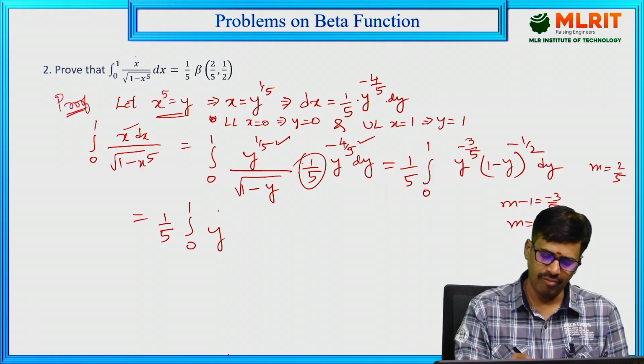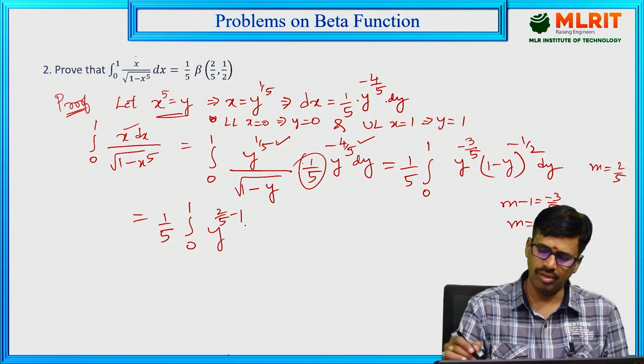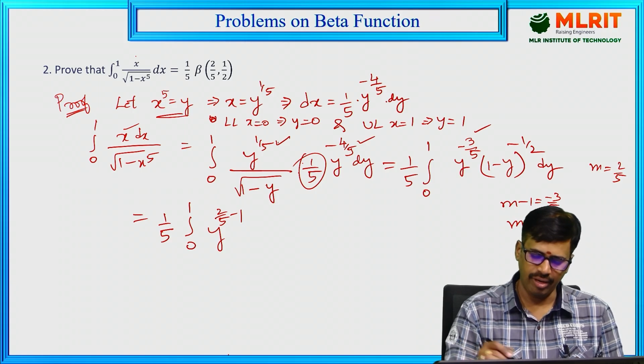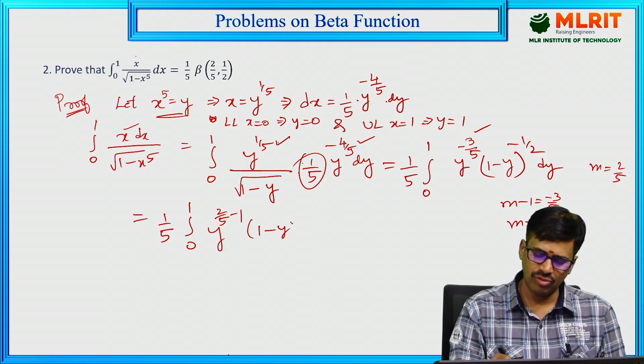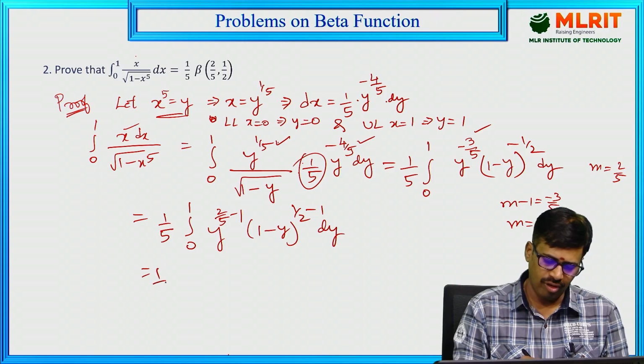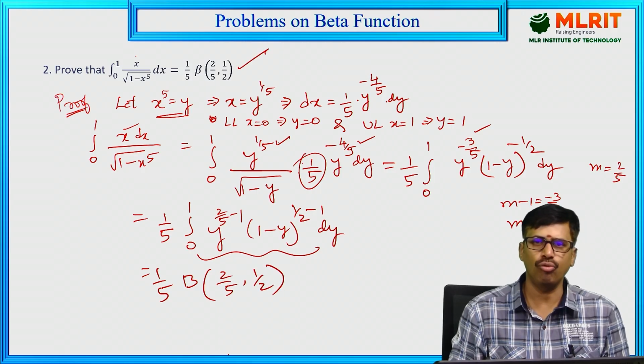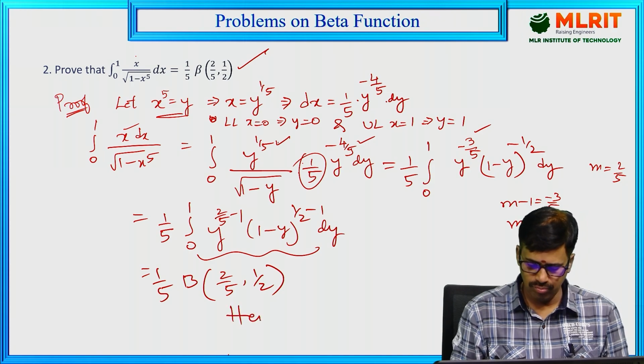So y power 2 by 5 minus 1, right? 2 by 5 minus 1 means you get minus 3 by 5, into 1 minus y power 1 by 2 minus 1 dy. So 1 by 5 into this total integral can be written as beta of 2 by 5 comma 1 by 2. This is what is asked to prove. So hence proved.